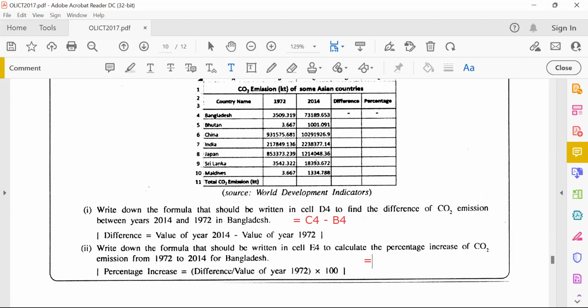First of all, the difference, which we calculated earlier, that is C4 minus B4, or else you can simply say D4. Then you divide by the value of 1972, that is B4, and multiply by 100.